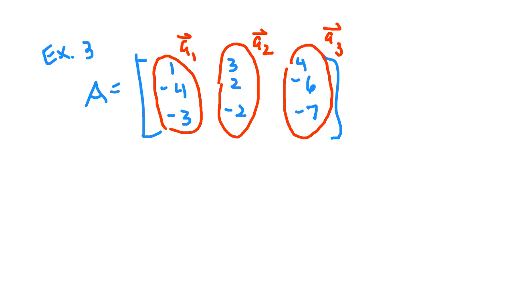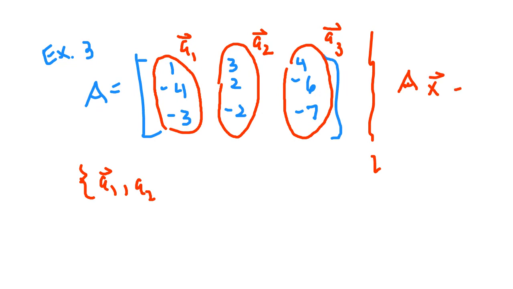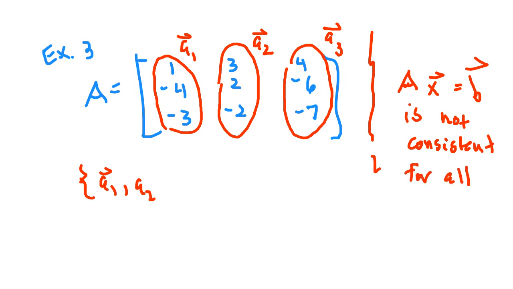Now these three vectors, this set of vectors A1, A2, A3, we learned that AX equals B is not consistent for all vectors B. It's not consistent for all B.